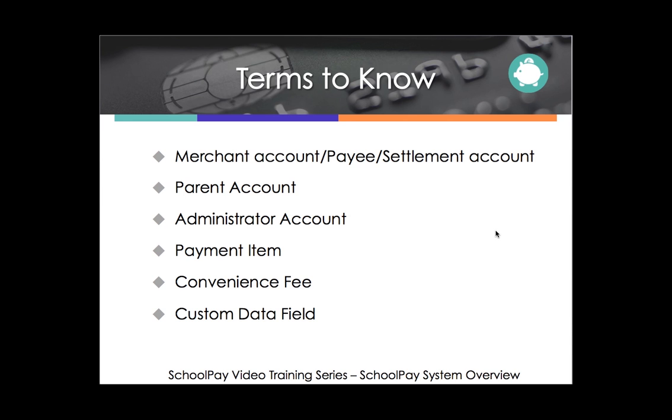This would typically be done through a custom data field. A custom data field is an additional question that can be mandatory or optional that is added to a payment item. The data and responses that are collected via the custom data fields are found in your reporting in the administrator module.